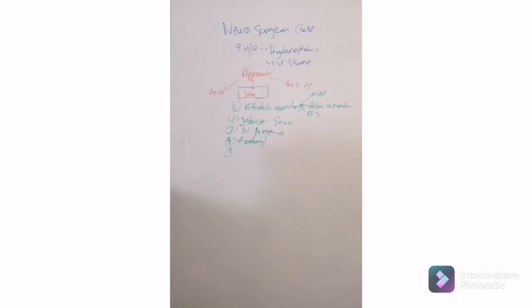If you have been following my videos on anesthesia, you will know what an intubation response is, and you'll know what are the drugs that are used to blunt an intubation response.